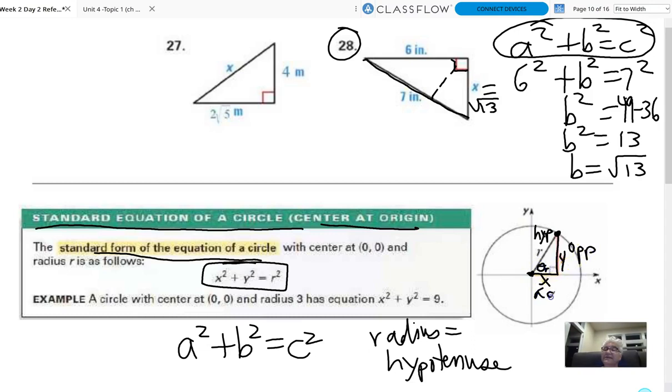And you can say this is adjacent, but again, that's the same thing. Opposite squared plus adjacent squared equals hypotenuse squared. They're all the same. Circle, right triangle, and Pythagorean theorem. That's going to be very important to figure out the problems on the next page.